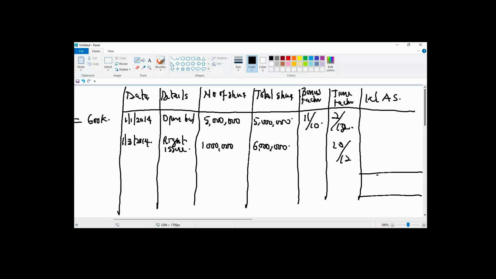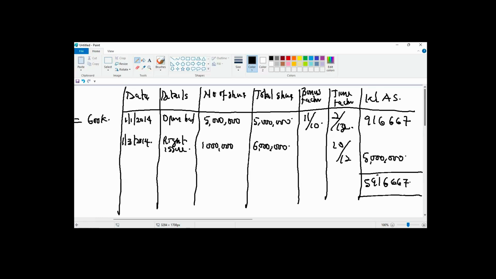For the first one, the opening balance is 5 million. The other figure is 916,667. Why this is 5 million? Yes, 5 million. So to give me 5,916,667.